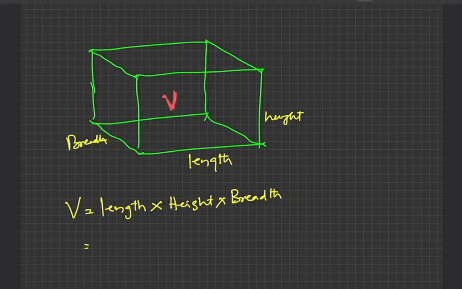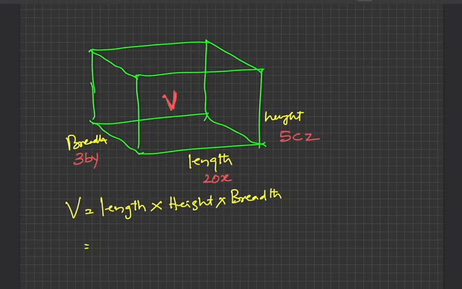So let's say my length is 20x, my breadth is 3y, and my height is 5z. What is the volume of this cuboid?